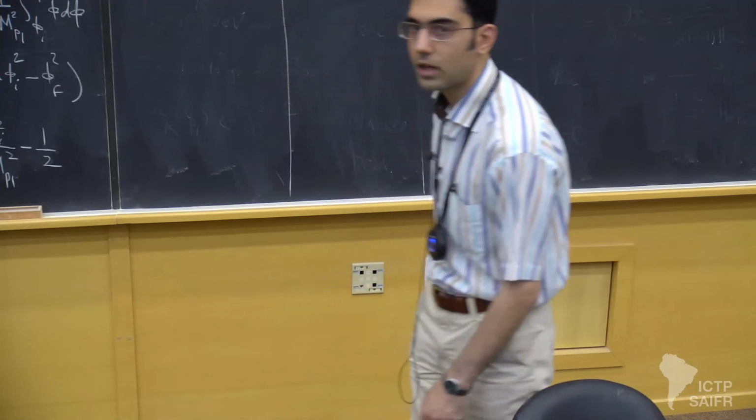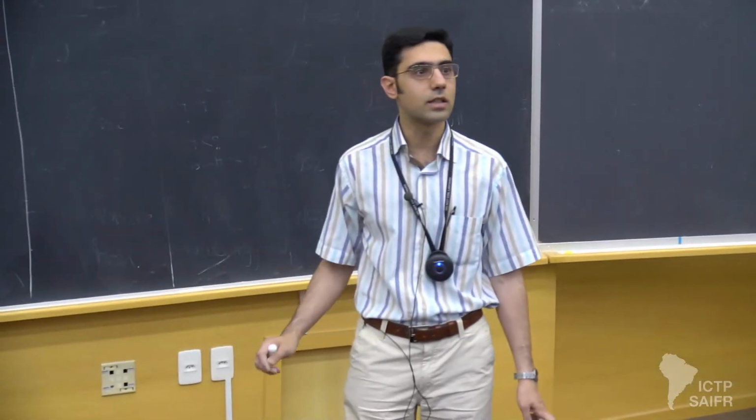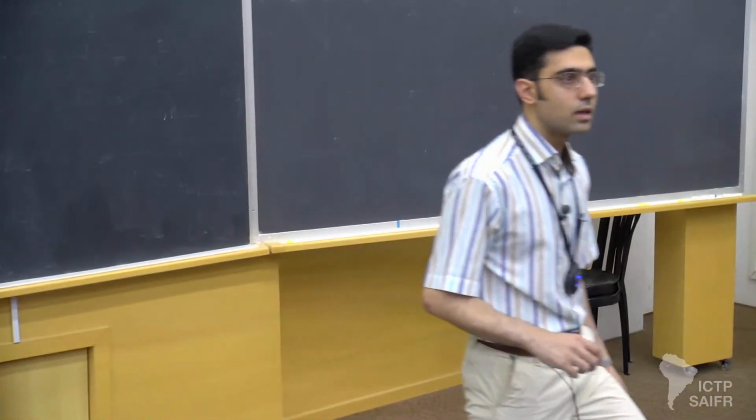Okay, so let us talk about, if there's no other question, yes. I would like to ask about the number of e-foldings, because we made a lot of approximations to obtain it. And I was thinking, how do you know that these approximations are sufficient?